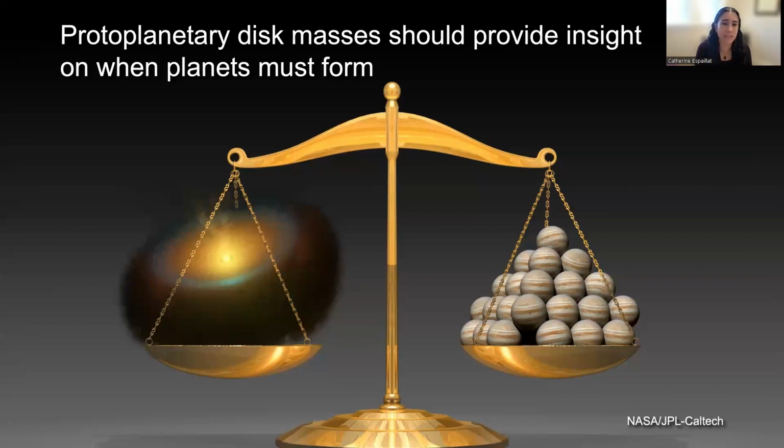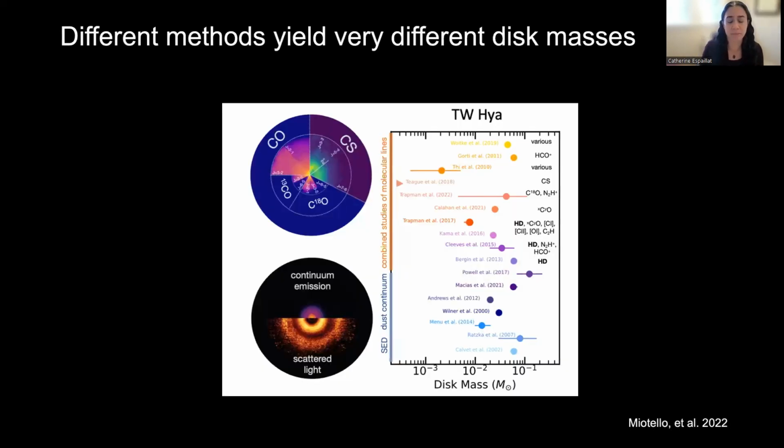As I said earlier, 99% of the disk mass is in gas, particularly cold H2 gas, which we can't observe. So we only have indirect tracers of the total disk mass. And as I said, we focus mostly on the dust mass because dust masses are easier to measure than gas masses. So here's one example of why it's so difficult to pin down masses of protoplanetary disks.